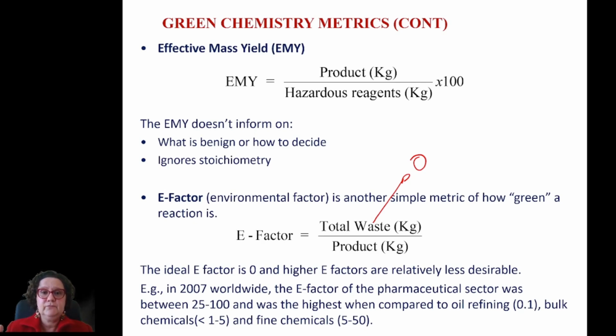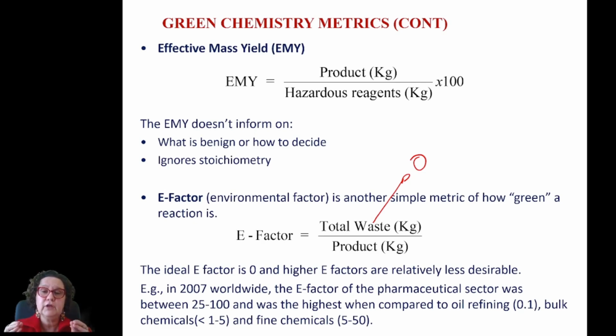It might be interesting to know that in the different chemical sectors, things that you might not think are particularly environmentally friendly are actually, in terms of their E factor, much better than others that might not come across as particularly green. For example, in the chemical industry, the E factor of the pharmaceutical sector can be quite bad, between 25 and 100.